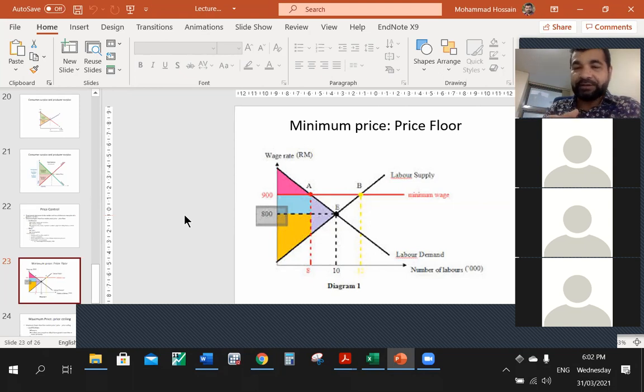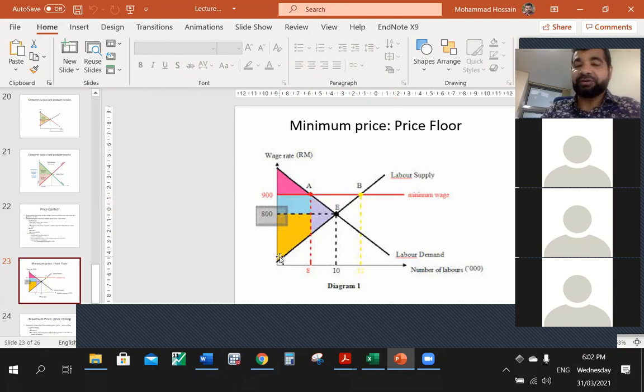So what's happening in this case? The market price is below, but government says, no, you pay more. That's the minimum price you pay, 900. Muhammad is willing to work for $800 a week, but government interference says, no, you pay $900 a week.